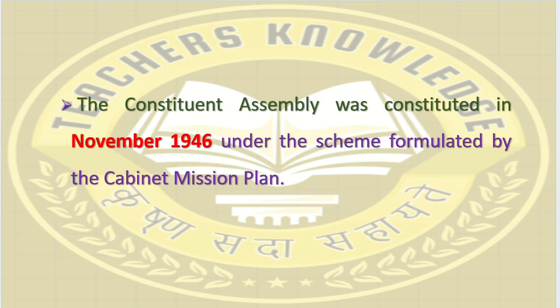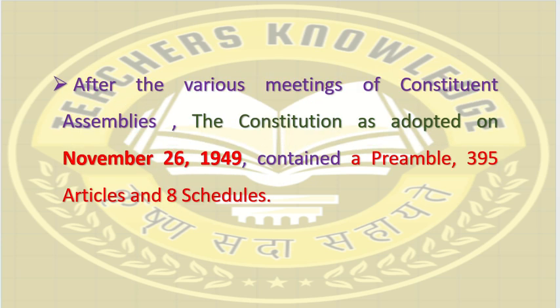After that, the Constituent Assembly held various meetings from 1946 to 1949.